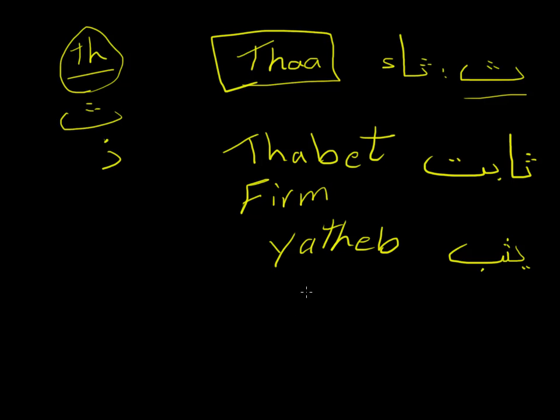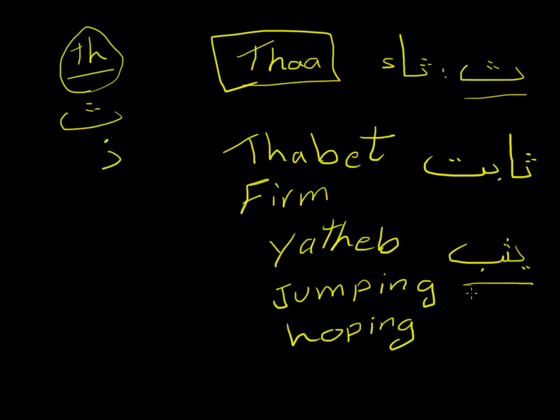Okay, and it means jumping or hopping. To hop, hopping. So either jumping or hopping, and that's what yathib means. This is how you pronounce it, this is how you write it, and this is what it means.